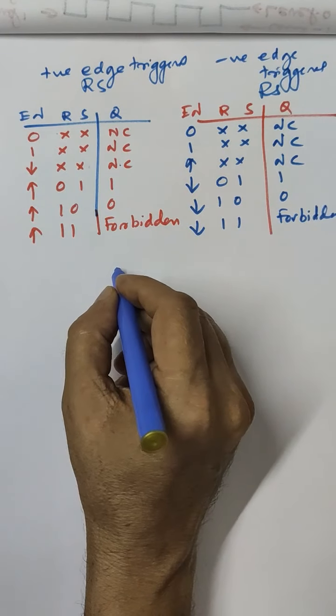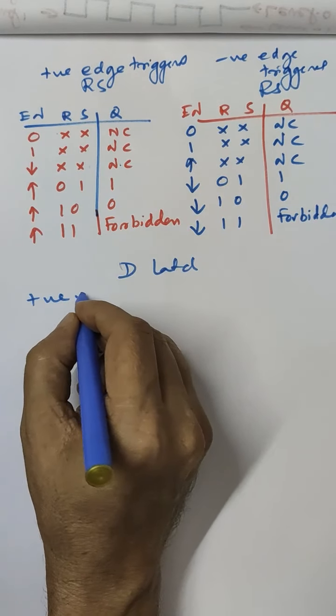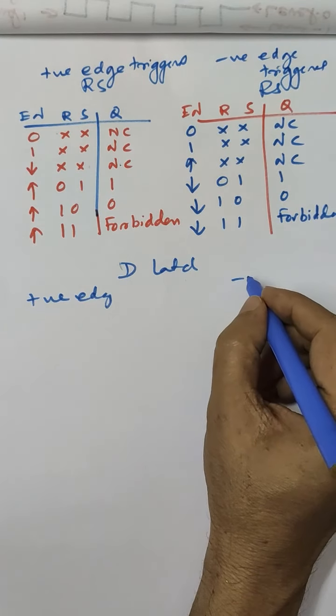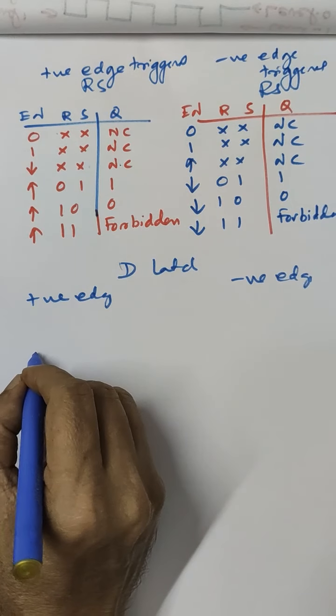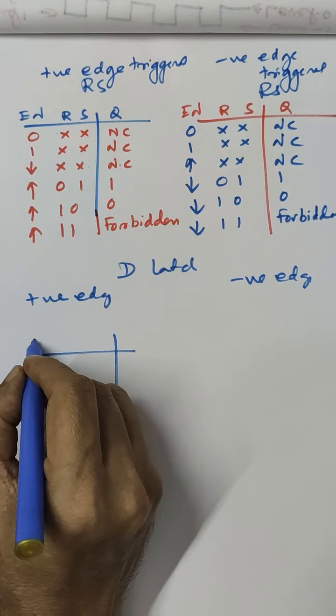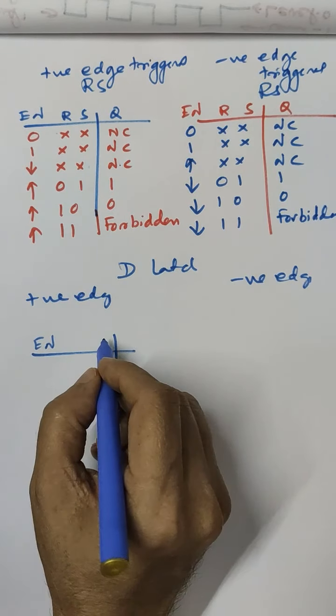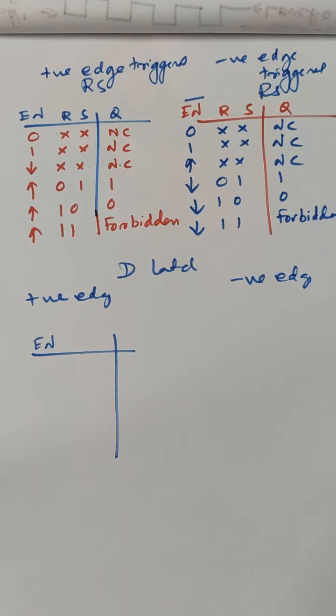Similarly, in the case of D latch, positive edge and negative edge. You can draw enable, D and Q. Usually this is represented with a bar symbol in the case of negative edge.